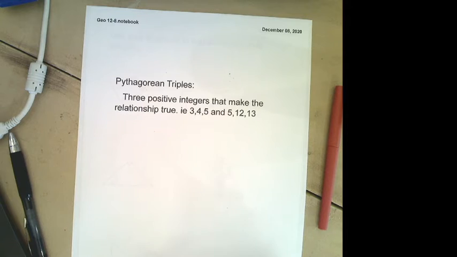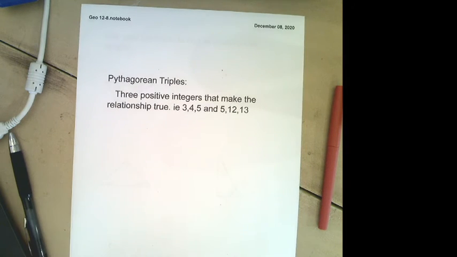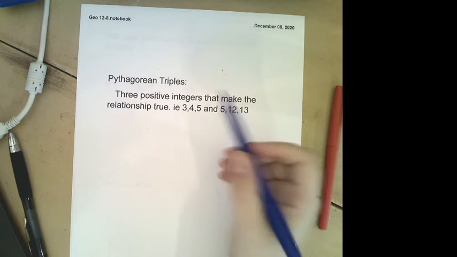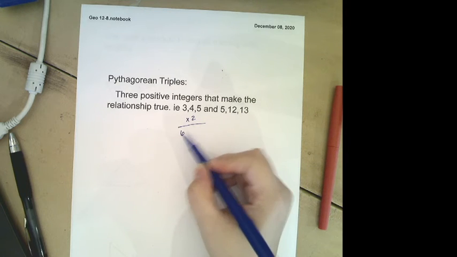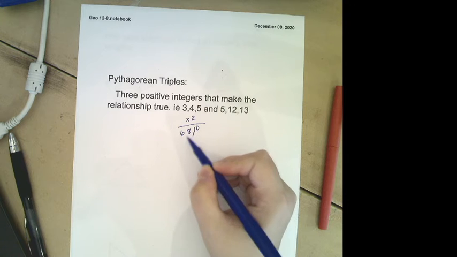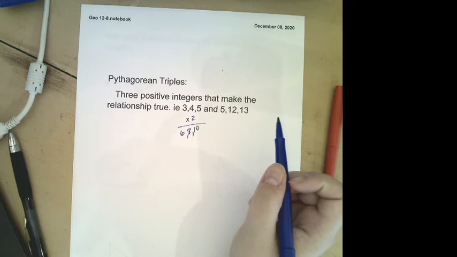So these are called Pythagorean triples. They are 3 positive integers that make the relationship true. 3, 4, 5 and 5, 12, 13 are the most popular ones, but they can also be multiples. So like we could multiply these triangles by 2, and 6, 8, 10 is a Pythagorean triple.